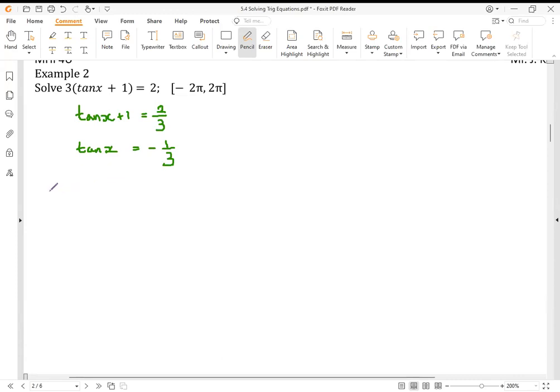For me, I would say if this was in quadrant 1, then wouldn't my tangent be positive, right? What angle gives me a positive 1 over 3? 1, 3.